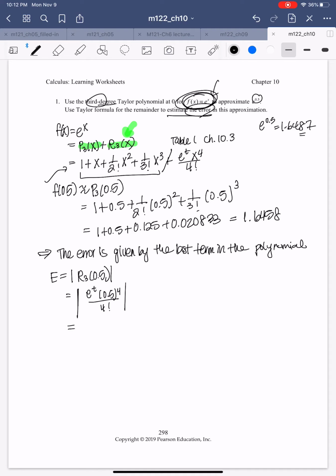So I will enter it on the calculator and see what I have. e raised to, times 0.5 to the 4th power divided by 4 factorial.